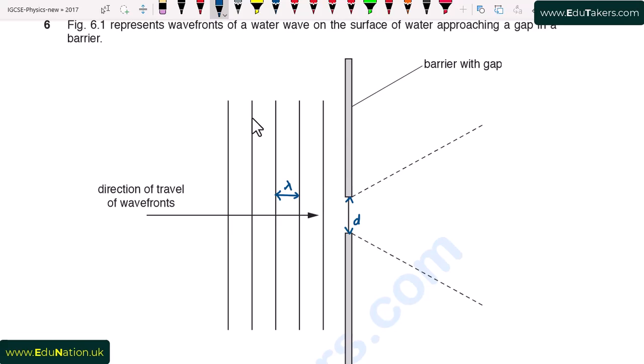If the wavelength is smaller compared to the separation, then there will be less diffraction. I write here, lambda is less than d, there will be less diffraction. But if the wavelength is greater than the separation, then there will be greater diffraction.